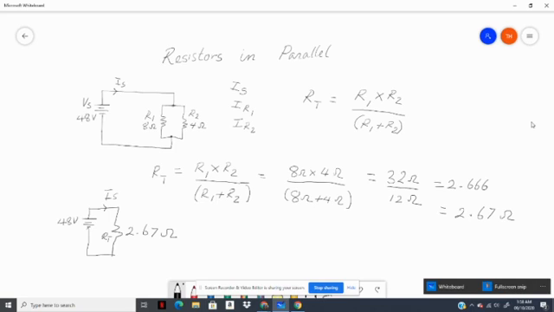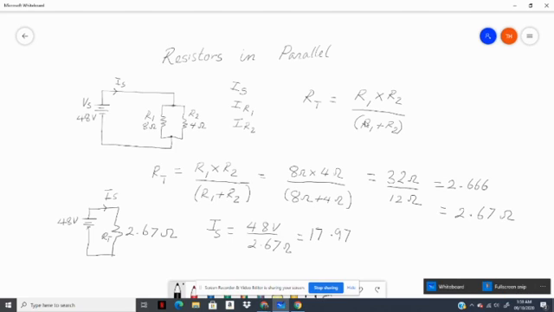I supply will be simply 48 volts divided by 2.67 ohms, and that comes out to 17.97.